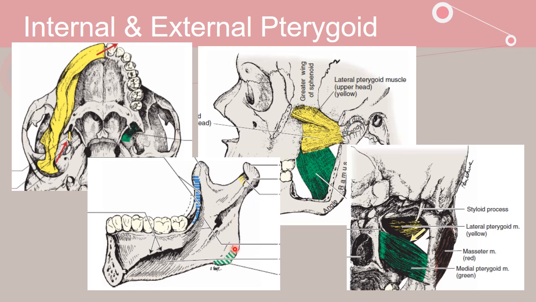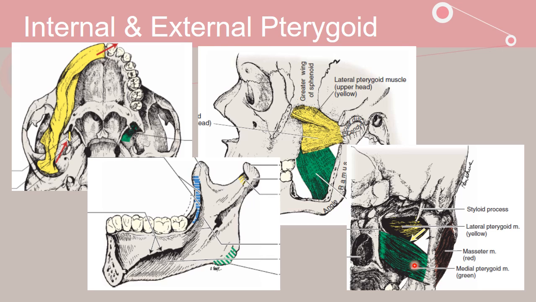So it has the same insertion as that of the masseter, except that the internal pterygoid muscle inserts at the medial aspect or the interior aspect of the mandible. So its action also elevates the mandible. Although not as large or powerful, it works together with the larger masseter muscle in helping to apply power or great force upon closing the teeth together.